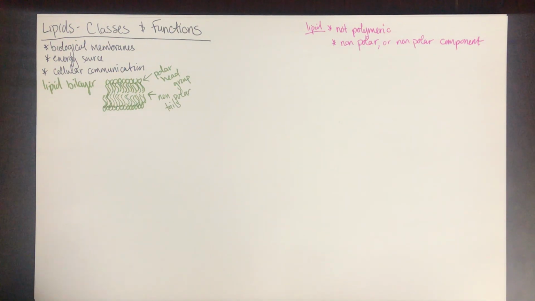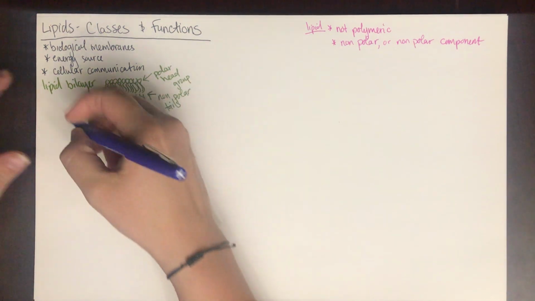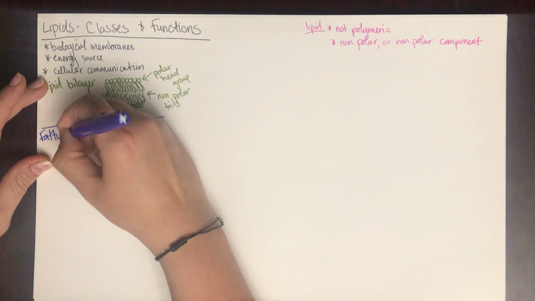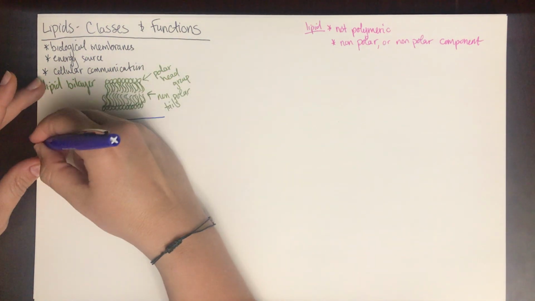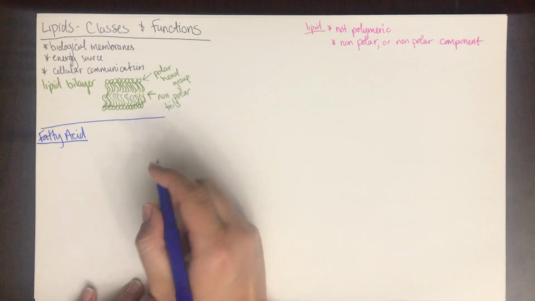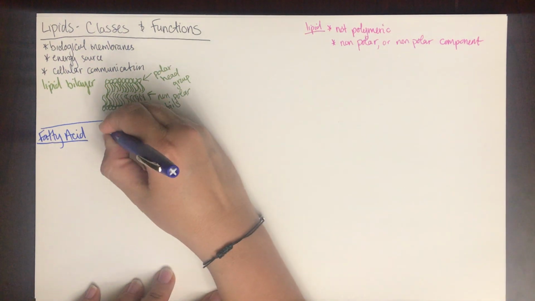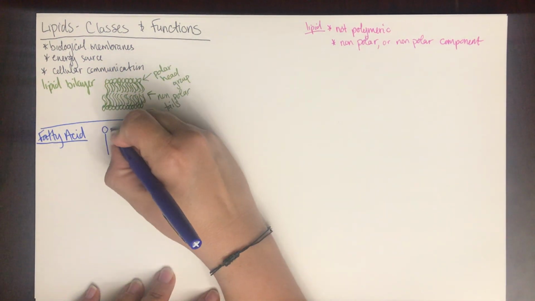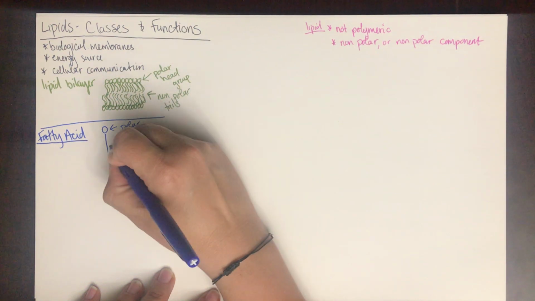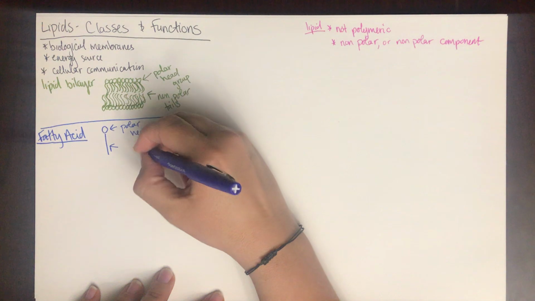The first and kind of the simplest class of lipids is what's called a fatty acid. So these in the lipid bilayer would be examples of fatty acids. So here this would be again polar head group, non-polar tail.